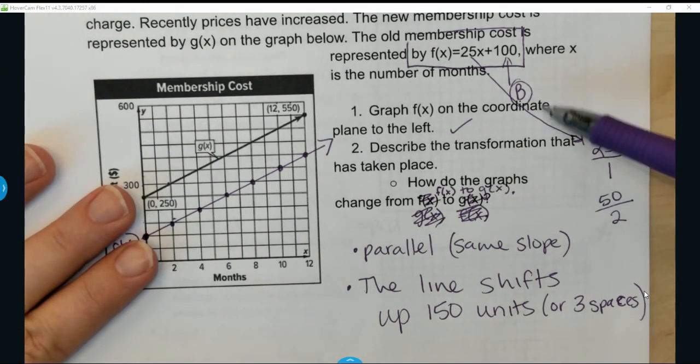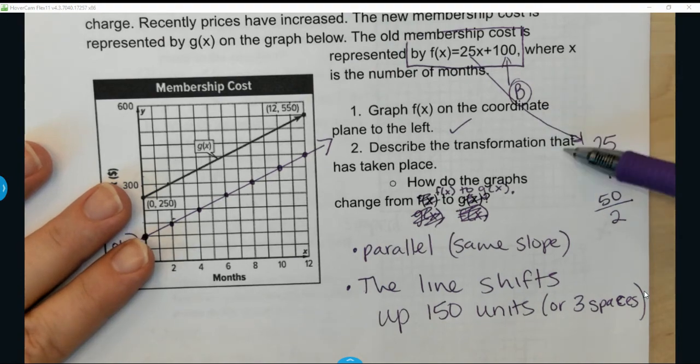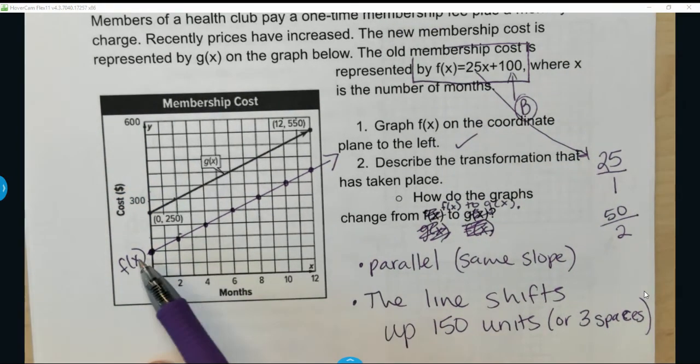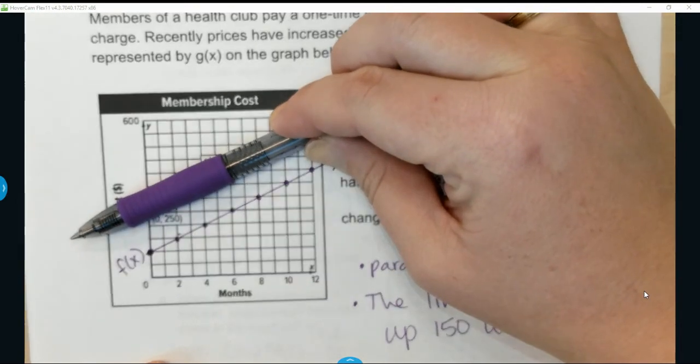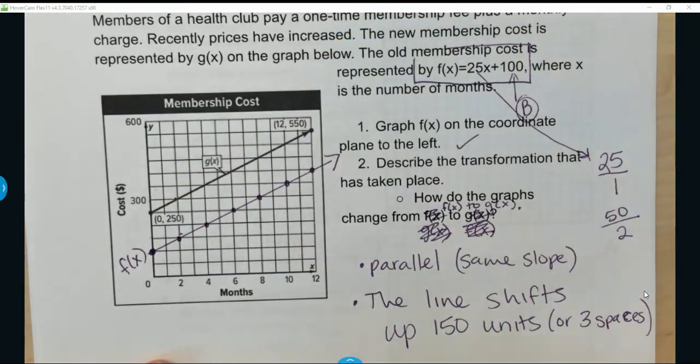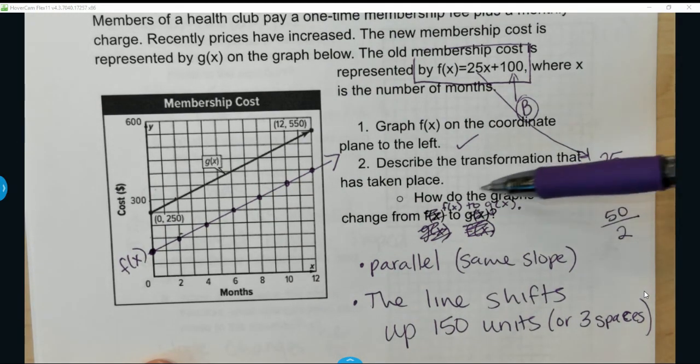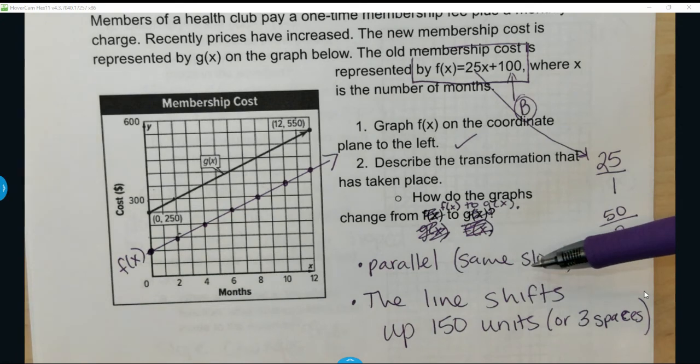So we did that there. Graph the lines. Describe the transformation that has taken place. The slope stays the same, but the line has shifted up to have a new starting point. That's how it got more expensive each month. And so we know that they are parallel because they have that same slope.